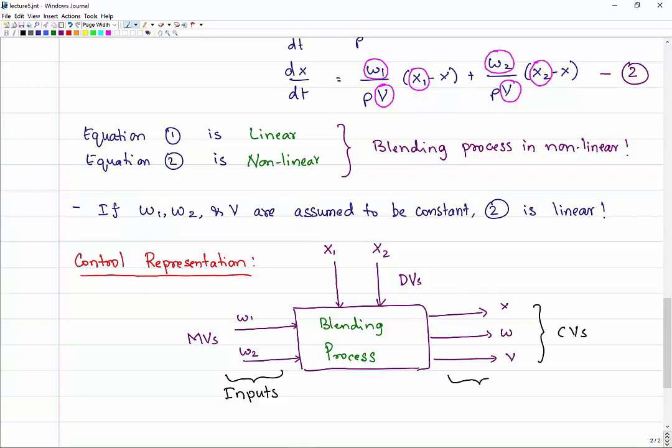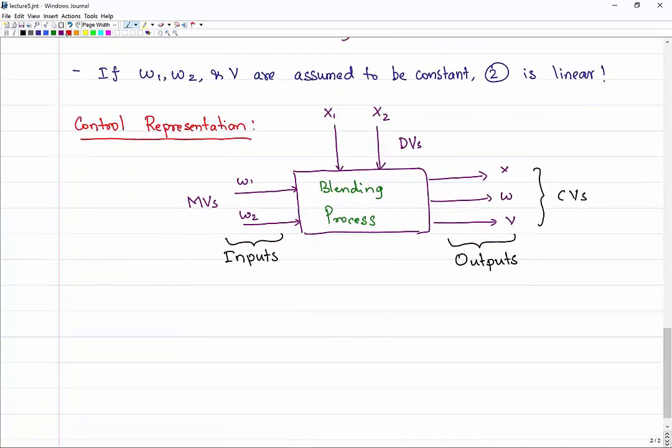In this case, X1 and X2 are the disturbance variables, W1 and W2 are the manipulated variables, X, W, and V are the controlled variables. Moving forward, we are also going to refer to manipulated variables as inputs and controlled variables as outputs.